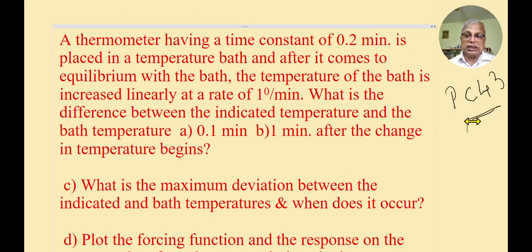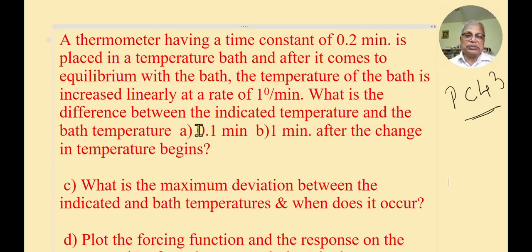In that previous lecture, titled PC43, the link is available below as well as above, we had found the difference between the indicated temperature and the bath temperature at 0.1 minute and 1 minute after the temperature begins.